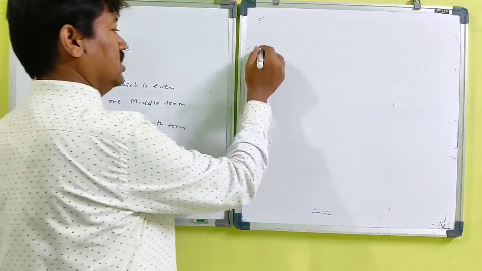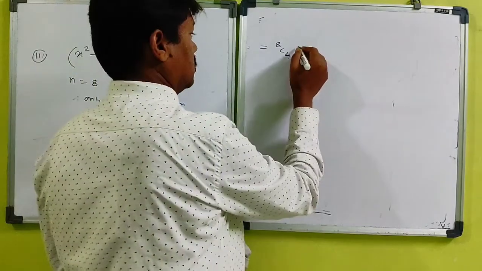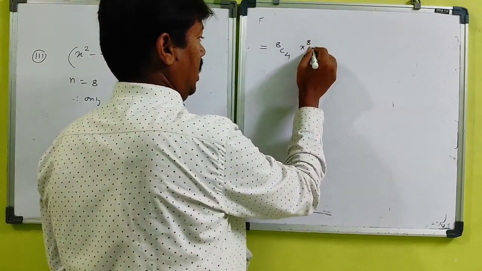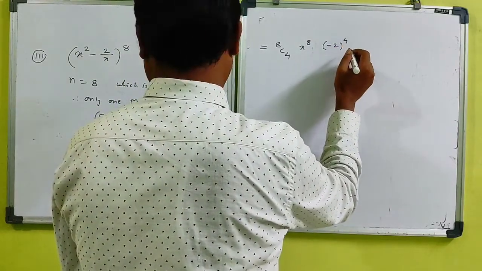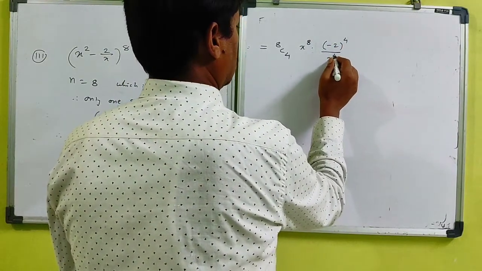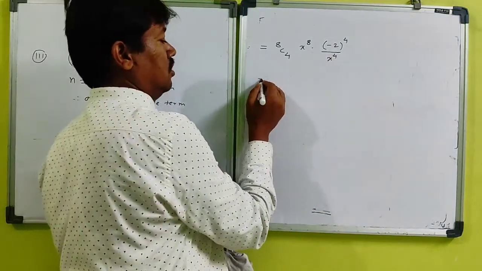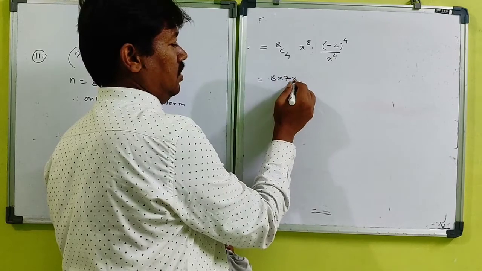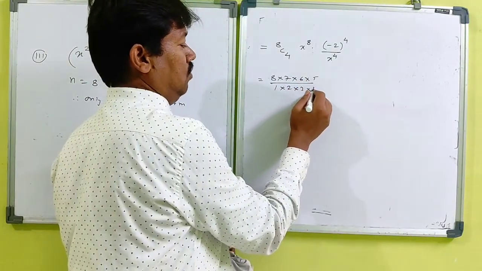Like this. So the answer is 8C4 x squared, and that becomes x^8, into 2^4 upon x^4. So 8C4 is (8 into 7 into 6 into 5)/(1 into 2 into 3 into 4).